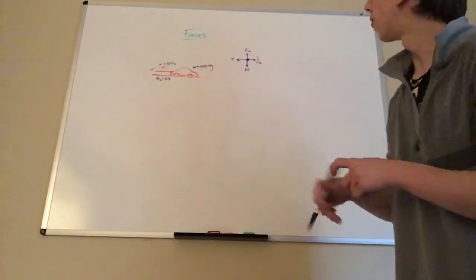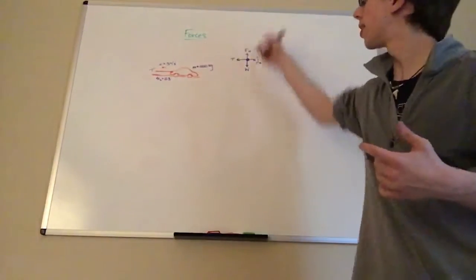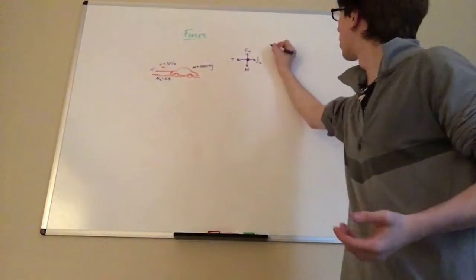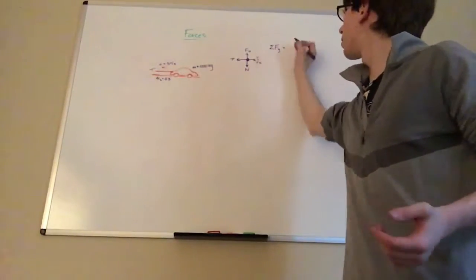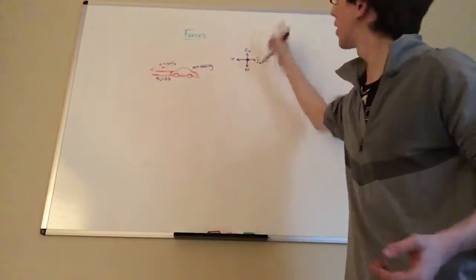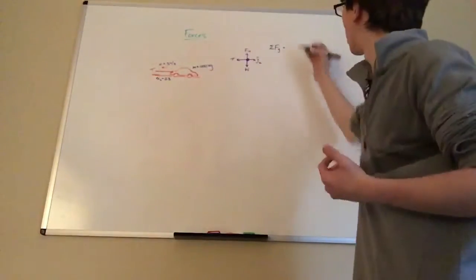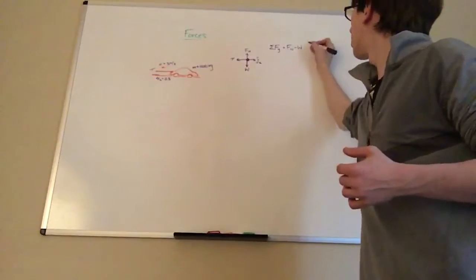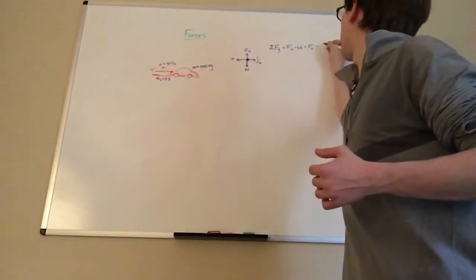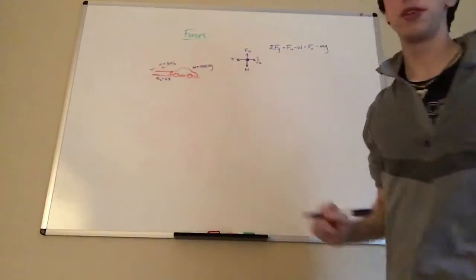Let's start off with the sum of our y forces. We'll say that up is positive and down is negative, so it is equal to the normal force minus the weight, which is the normal force minus mass times the acceleration due to gravity.